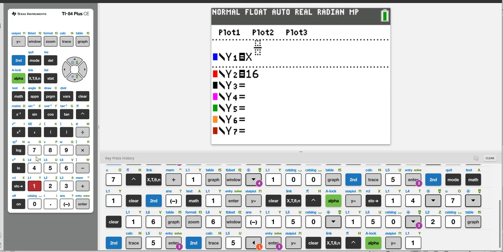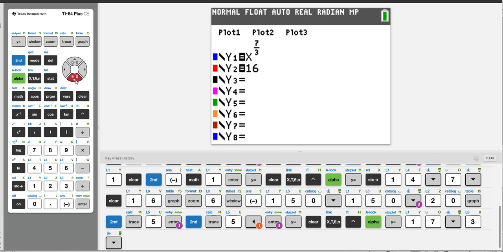Type in 7 and press the down arrow. Type in 3 and press the down arrow. Press clear to clear y2. Type in negative 128 and press graph.